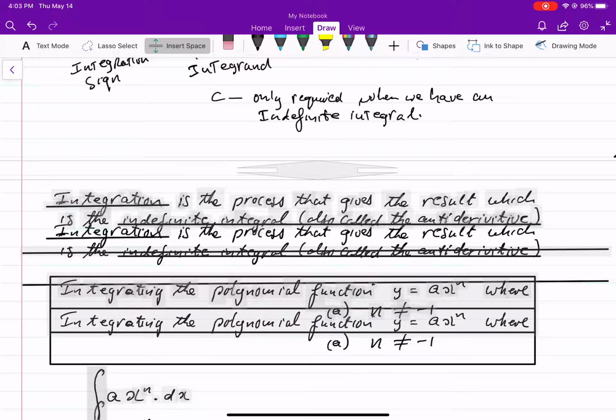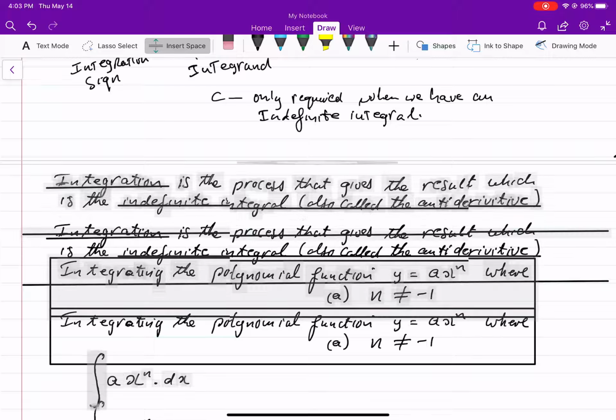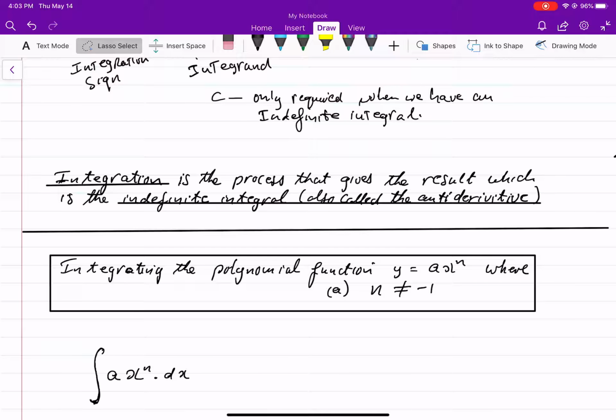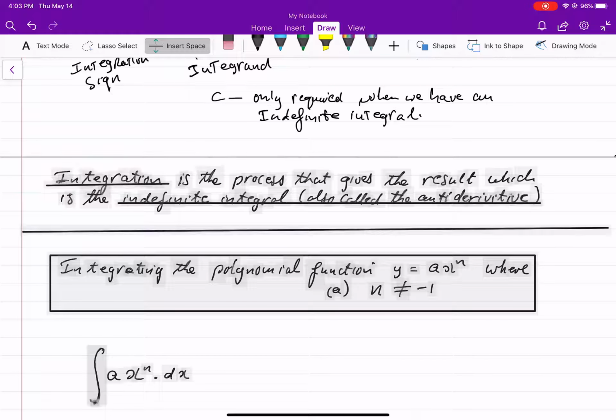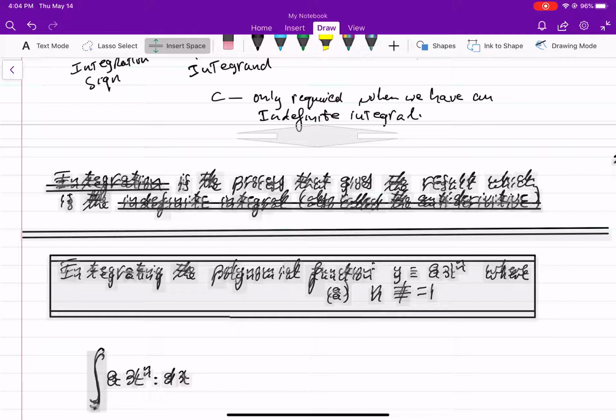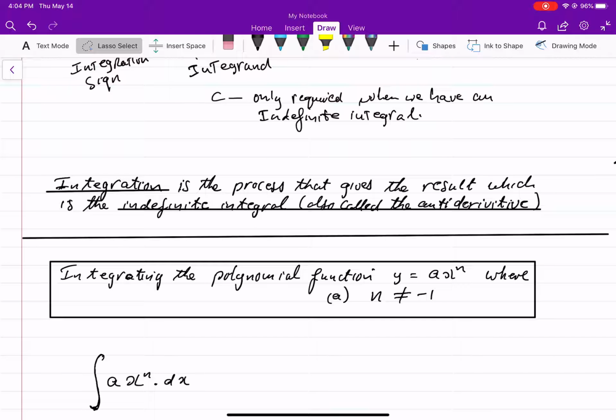Very seldom used though. The integral, or the indefinite integral, is called an antiderivative. All right. Format's a little better there. Good.